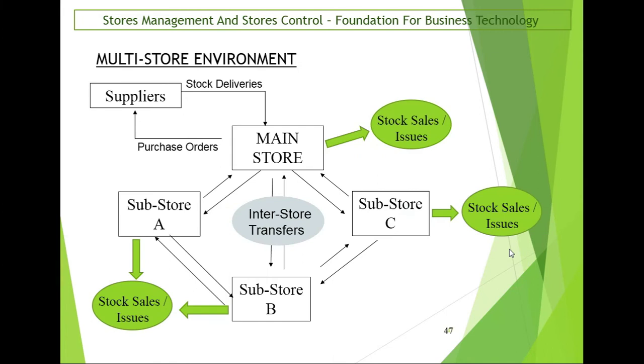So if we take our brooms, for example, we decide to move 5 brooms from main store to sub-store A. We subtract the 5 from main store and we add the 5 to sub-store A. But the overall company balance remains the same. We are simply moving the stock internally. It is not going out of the company.